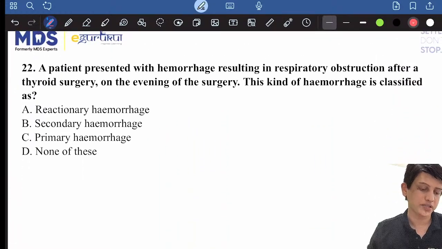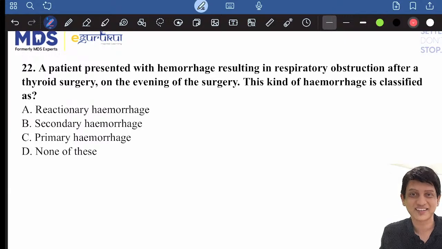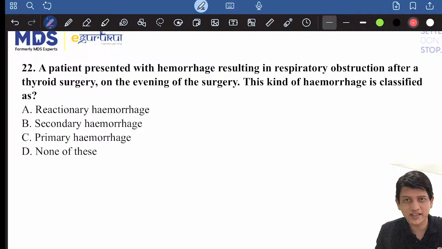Okay. A patient presented with hemorrhage resulting in respiratory obstruction after a thyroid surgery. See, I had discussed a similar question that time. This was a 2019 question, but the concept was slightly different. They may present with respiratory distress on the evening of surgery.